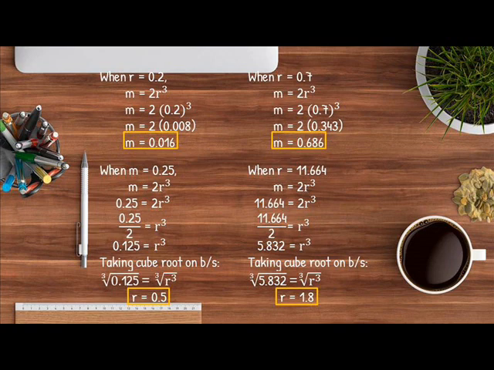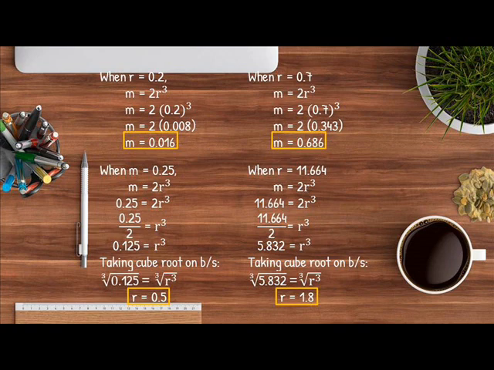The equation is 2r cube, so we will simply write 0.2 instead of r. So we have 2 into 0.2 to the power 3. Well, 0.2 to the power 3 means we will multiply 0.2 3 times, and 0.2 multiplied to itself 3 times equals 0.008. Multiplying 0.008 and 2, we have 0.016. That is the final value of m.